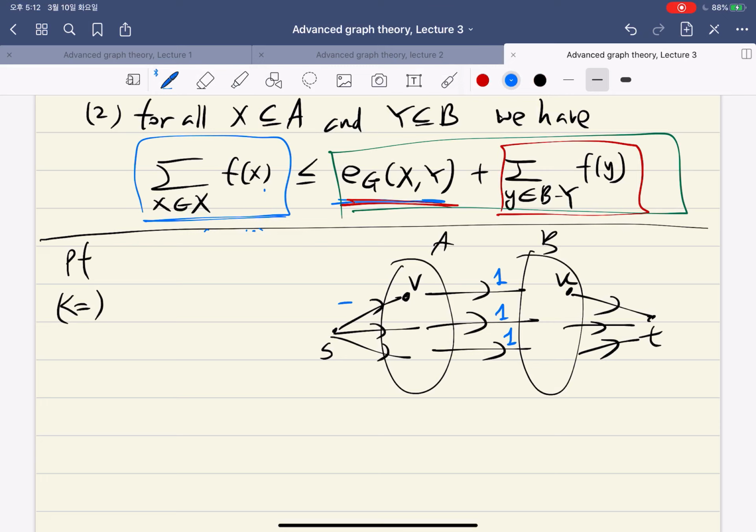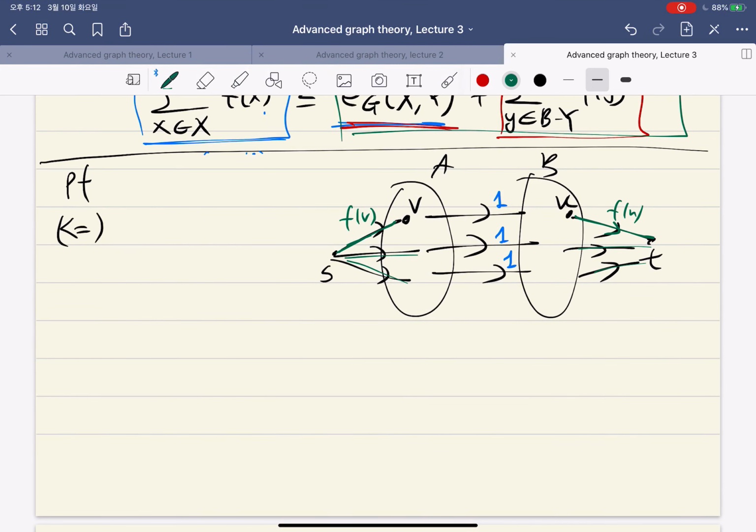Then we give capacity f(b) to this edge and f(u) to this edge. So for all other edges, we give capacities as well.